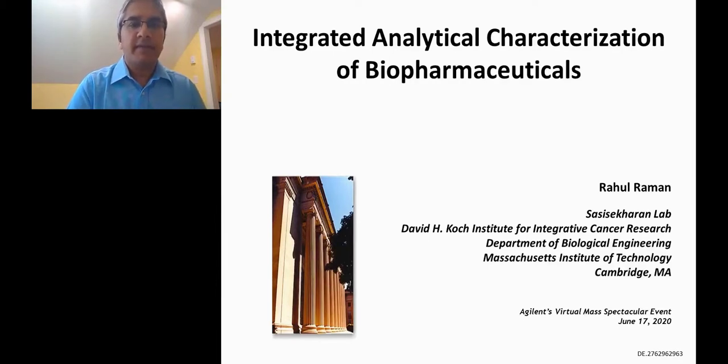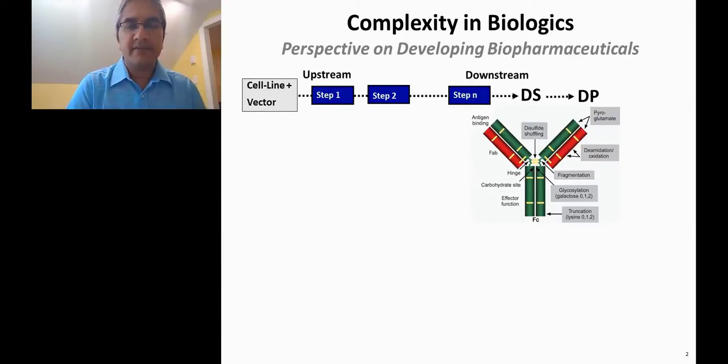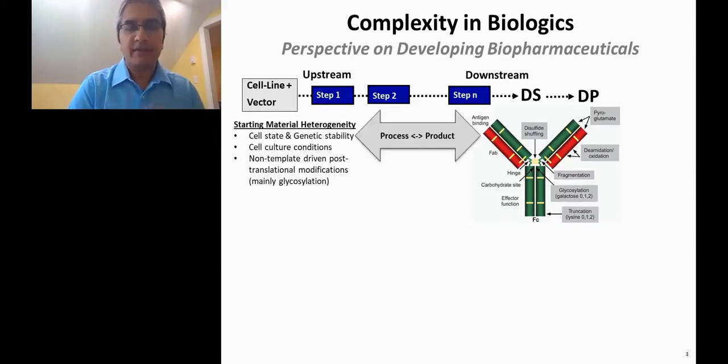So when you look at biopharmaceuticals in terms of the biologics, clearly they are complex molecules, and the way we think about the complexity is along these two axes. The first axis is going from your starting material, which is the cell line plus vector, through the upstream to the downstream to get your drug substance, drug product.